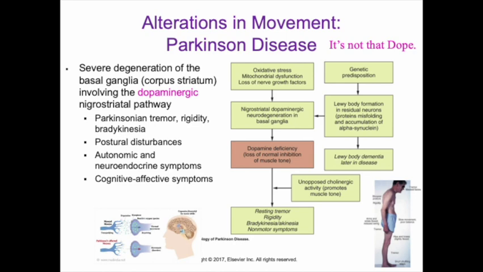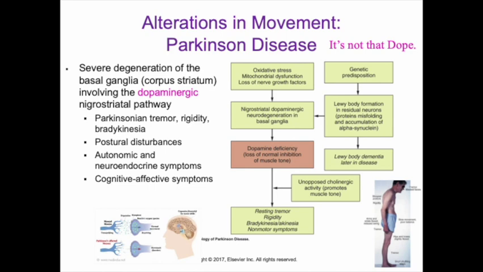So with Parkinson's, I like to remember that it's not that dope, meaning that there's going to be severe degeneration of the basal ganglia that involves that dopaminergic pathway. You will see clinically Parkinsonian tremors, rigidity, bradykinesia.